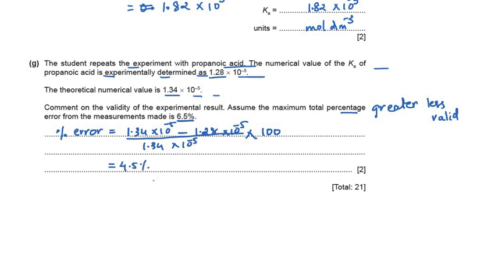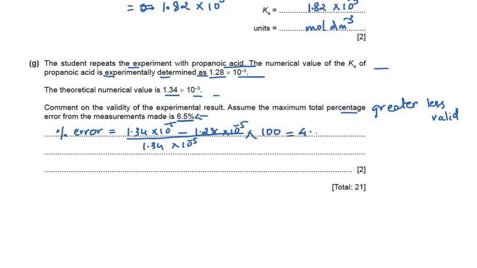Now this percentage error of 4.5% is lesser than the maximum percentage error, which is 6.5 given in the question. So let me rewrite this value on one side and write the answer here.